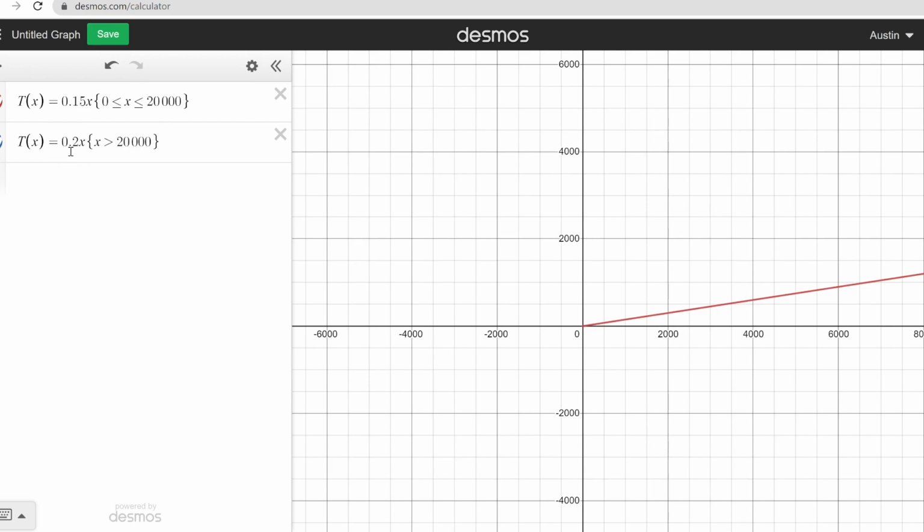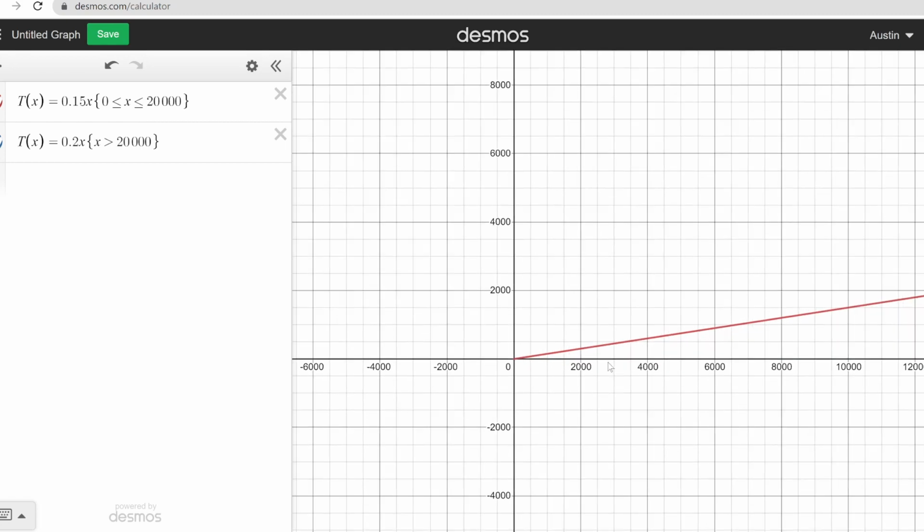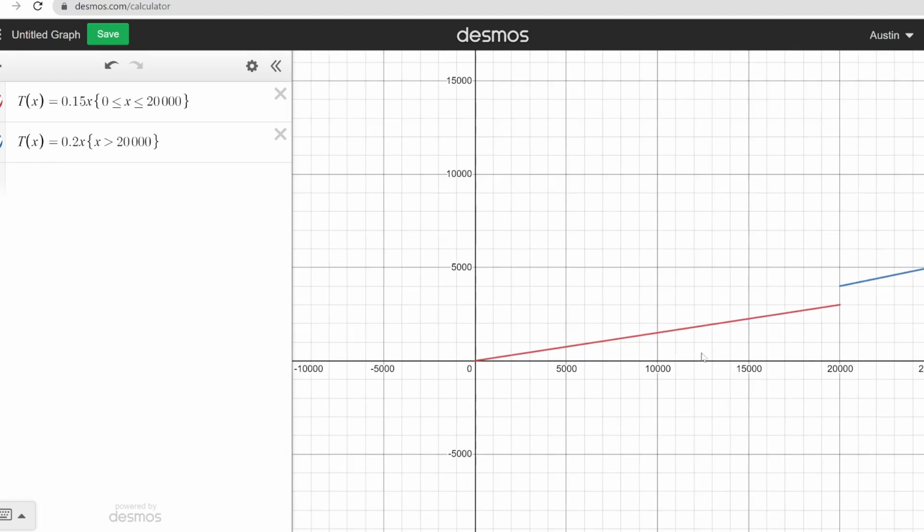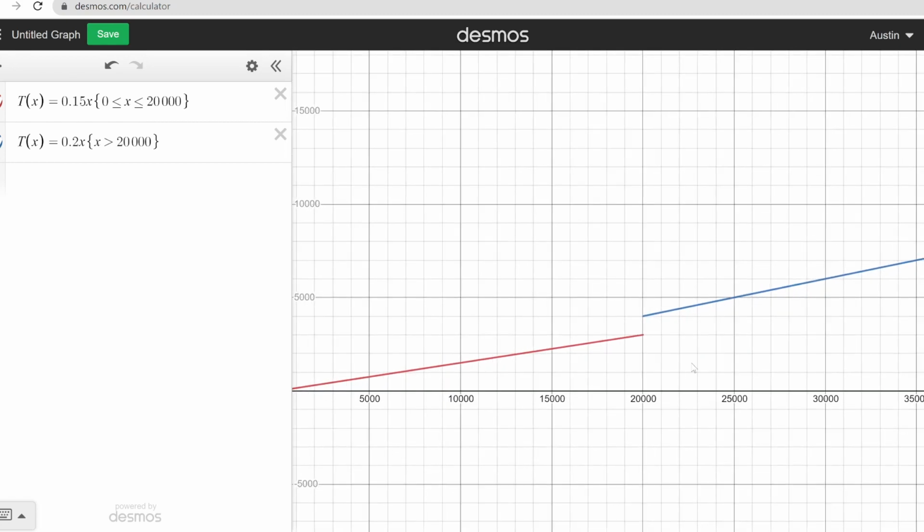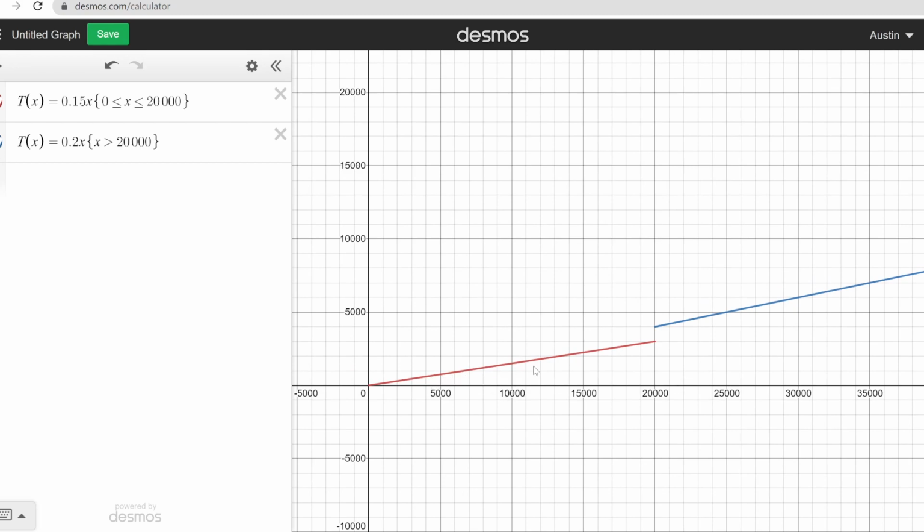And our second piece, 0.2x, whenever x is greater than 20,000. And you kind of have to zoom out because these numbers are quite large. And there you can see the red line represents the tax bracket for people making 20,000 or less. The blue line represents the tax bracket for people making more than 20,000.